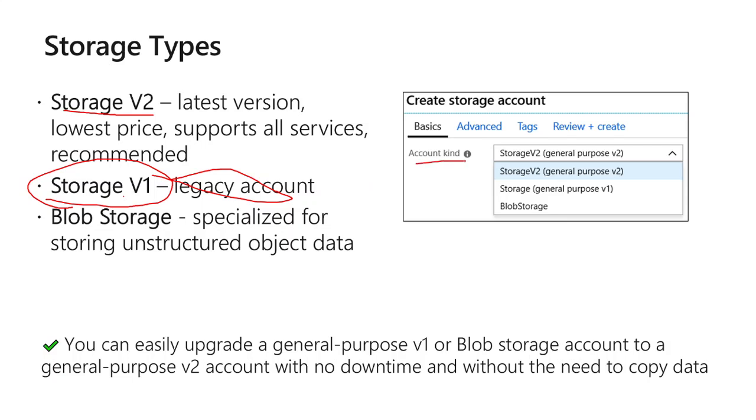You can say that we can have V2 and V1 storage accounts, but V1 is not available nowadays. Azure provides all new storage accounts in V2 format. The blob and everything else I'll cover in detail when we deploy a storage account. So we will focus on V2 only, which is the latest version of the storage account.